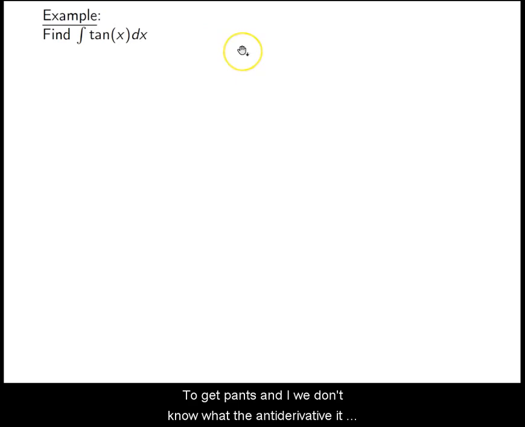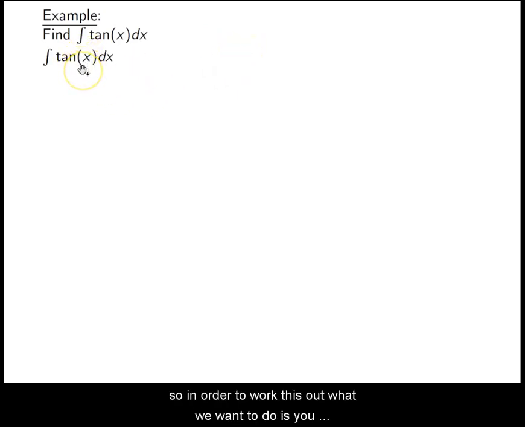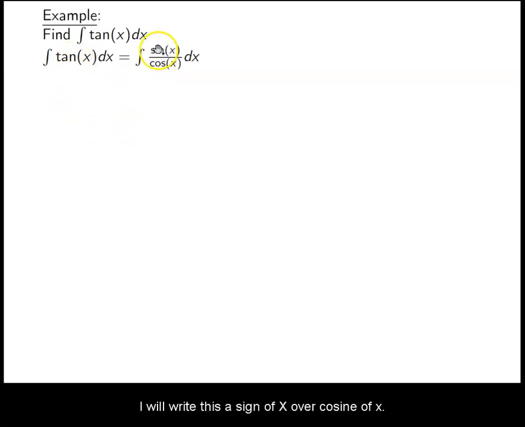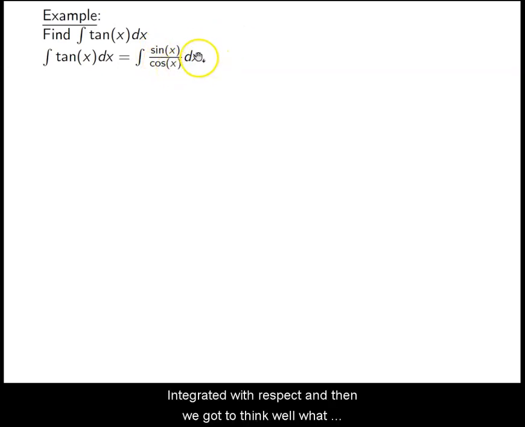We don't know what the antiderivative is. So in order to work this out, what we want to do is turn tangent into sines and cosines, right? So we want to turn this into a rational function. So we'll write this as sine of x over cosine of x, integrated with respect to x.